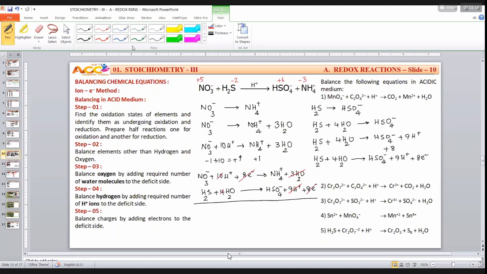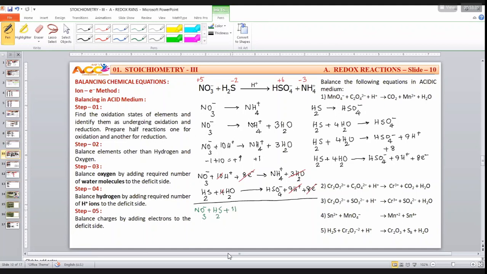Final equation is supposed to be nitrate ion plus H2S plus H plus ion.